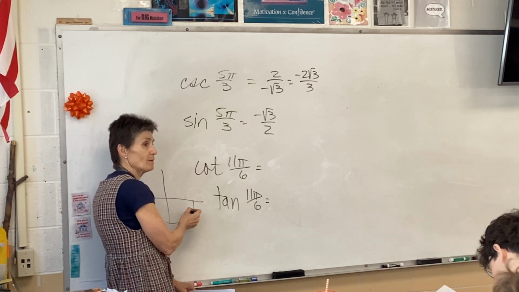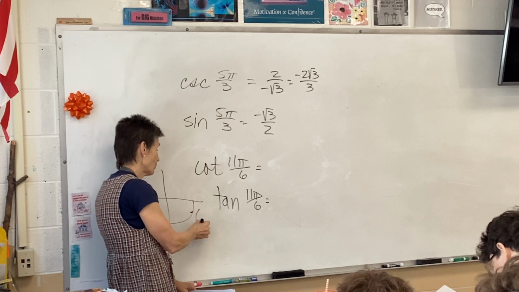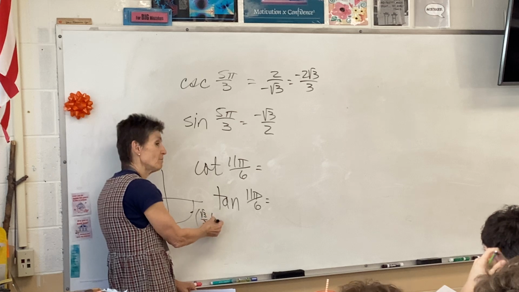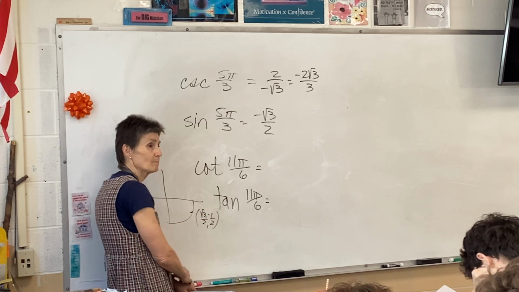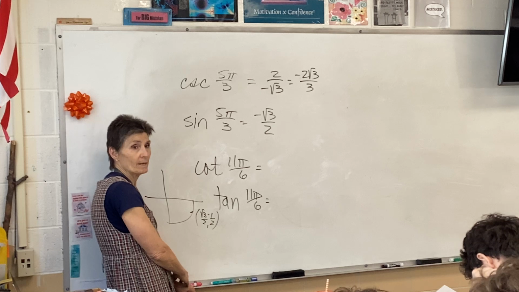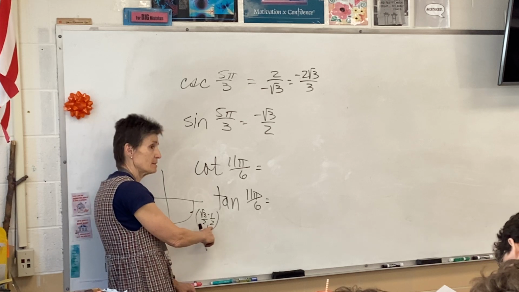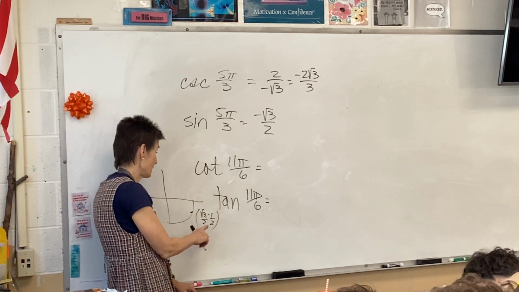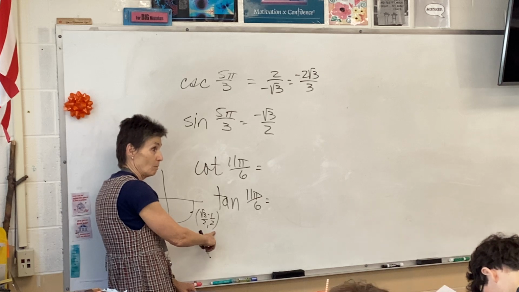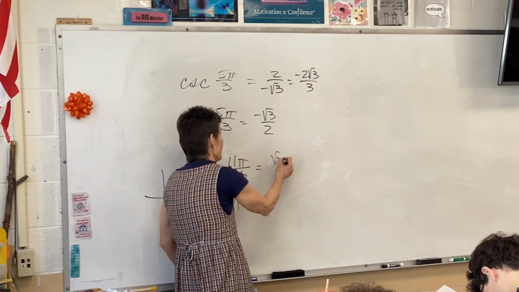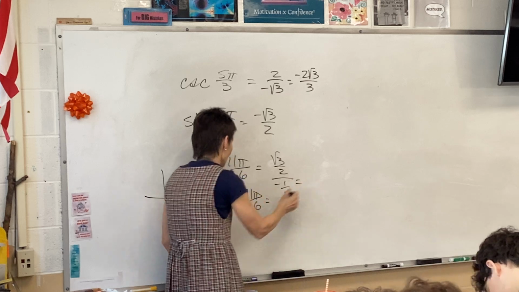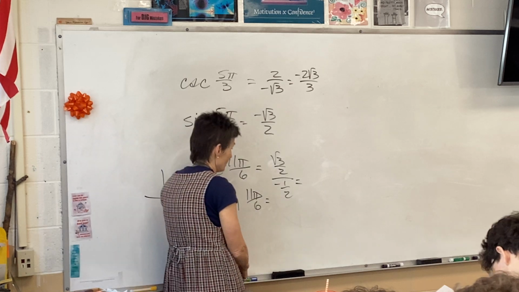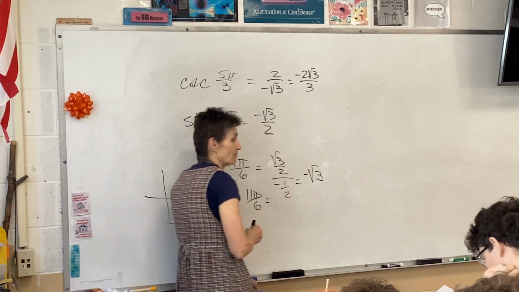I know it's down here, and that ordered pair is at pi over 6: root 3 over 2, negative 1/2. Tangent is y over x, so cotangent is x over y. What's going to happen when I put root 3 over 2 over negative 1/2? What is that going to equal? Negative root 3.